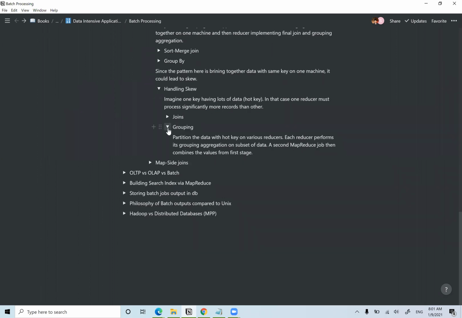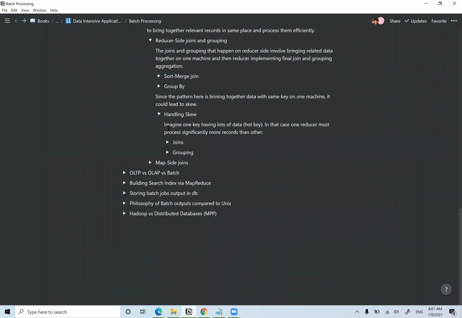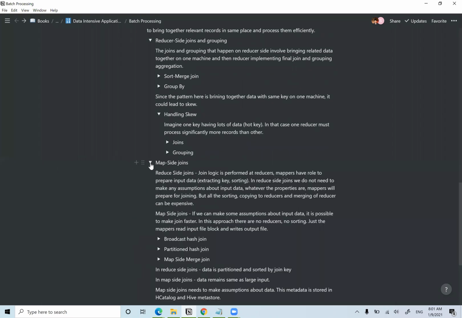So this was joins and grouping. Now coming to map side joins. The disadvantage of reducer side joins is that all this process of extracting the keys, then sorting the keys, and then moving the data to those machines, lots of time data has been written to files at various steps, and this entire process could be quite slow, right?